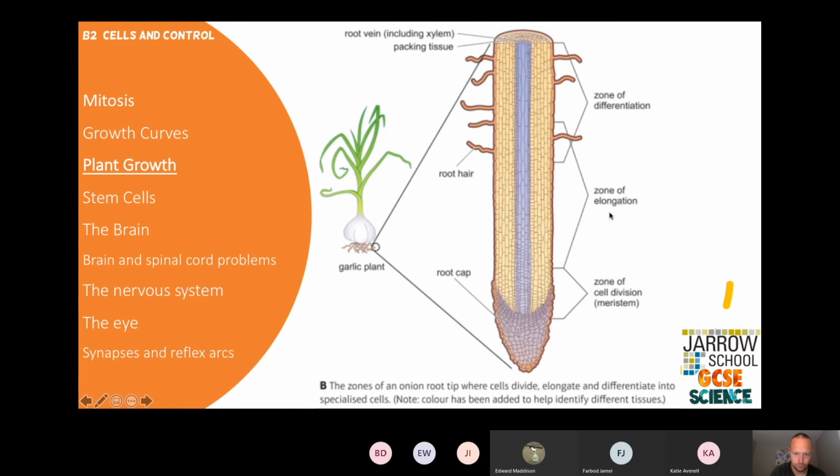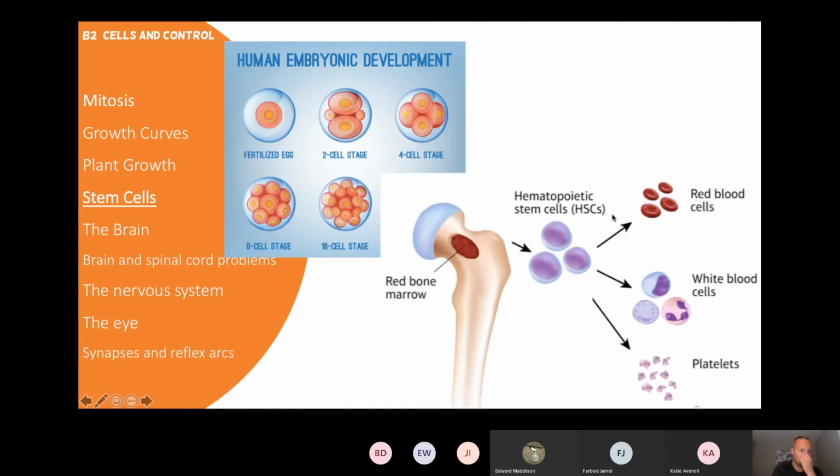Right, plant growth, done. Right, so stem cells in adults, there are two different types. They are embryonic stem cells, which are found in embryos, and embryonic stem cells can become any type of cell. If you think about this, we started out as a zygote, and that has become all of the cells that we have as adults.